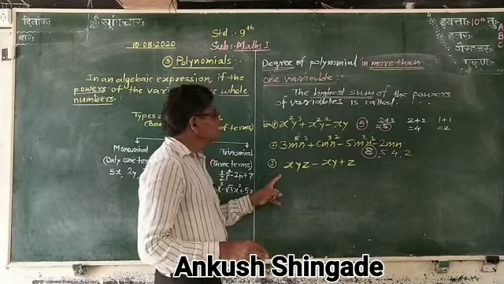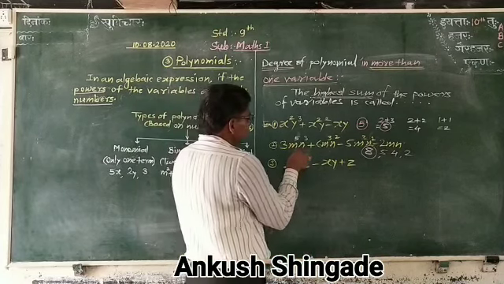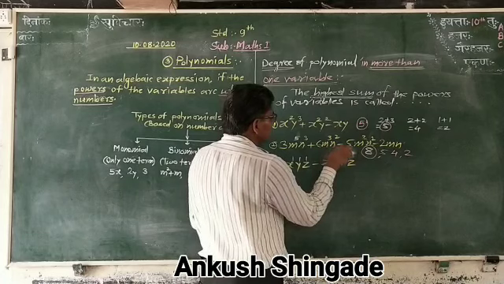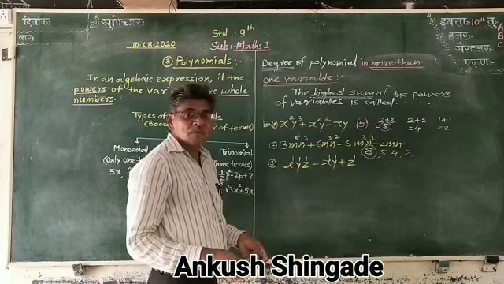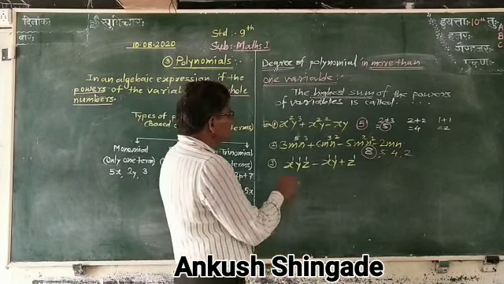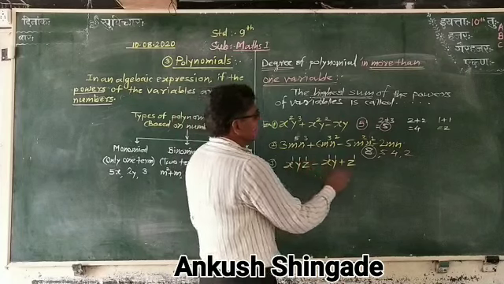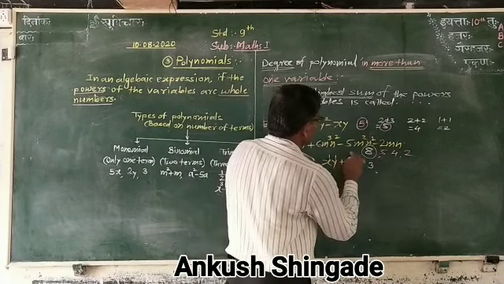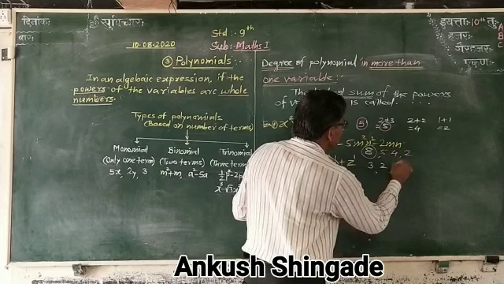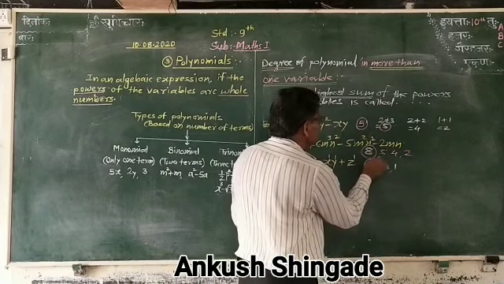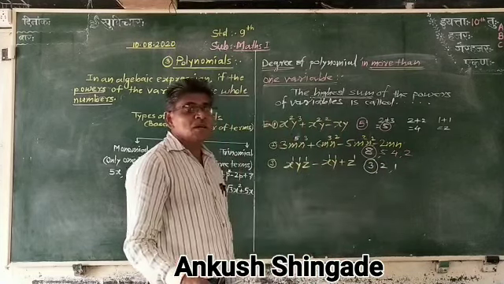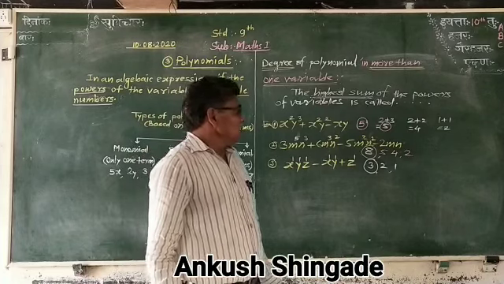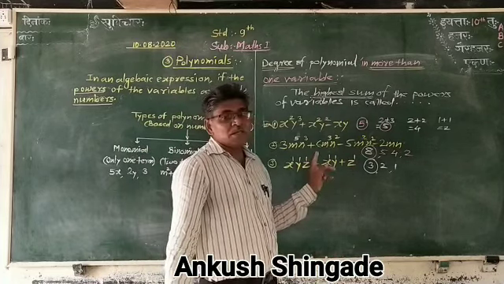And then here 1 plus 1 plus 1, here 1 plus 1, here 1. So the highest sum is 1 plus 1 plus 1, which is 3. The sum of these two is 2 and here 1. So out of these, 3 is the highest sum of the powers of the variables.